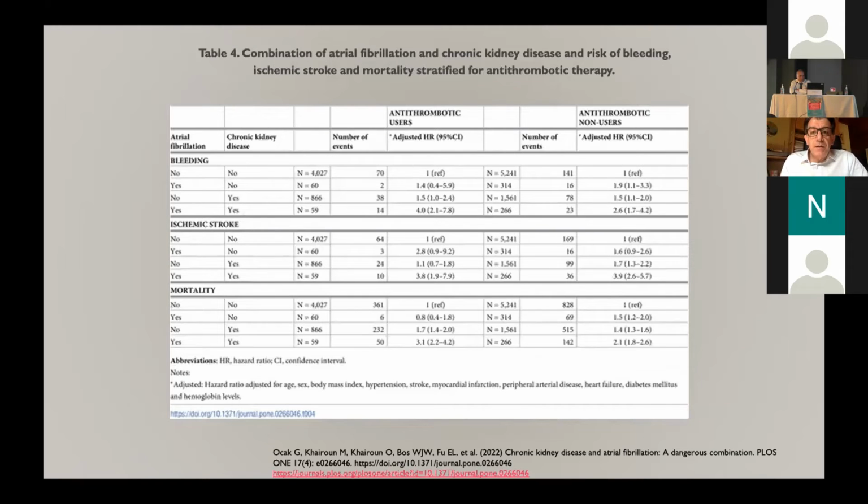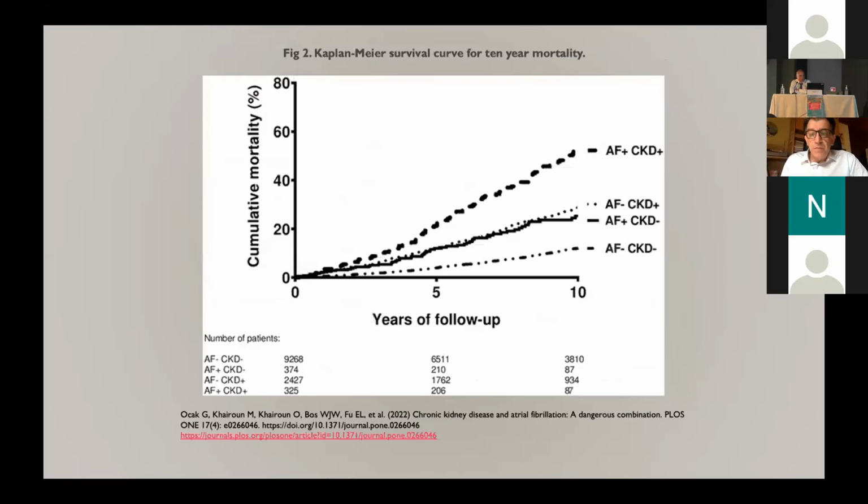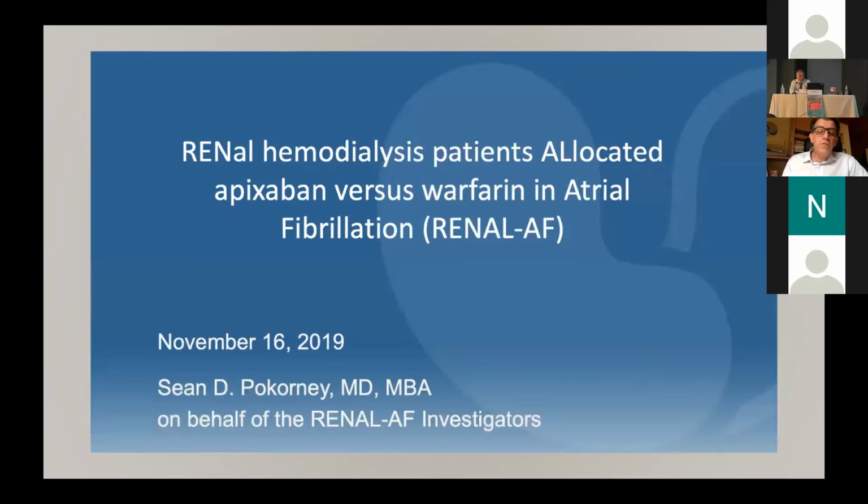You can see in this slide, in the Kaplan-Meier survival curve, that these patients are the most difficult and they have a higher risk. So we have to give them the best opportunity we can these days to survive, but it will still be difficult.